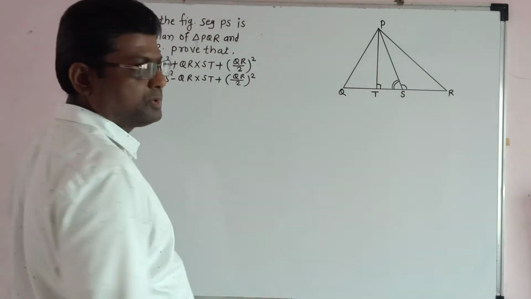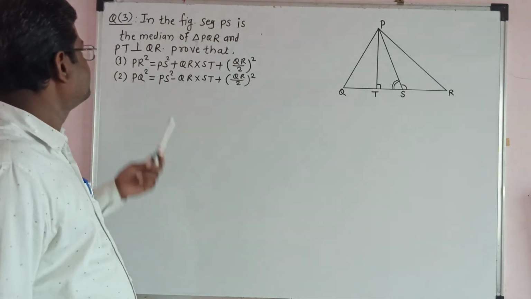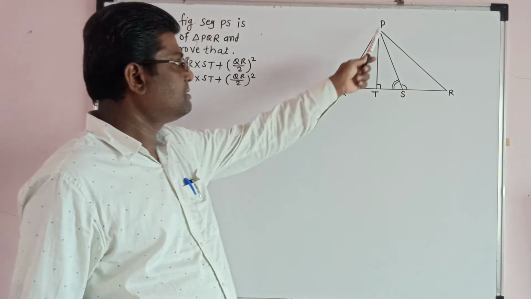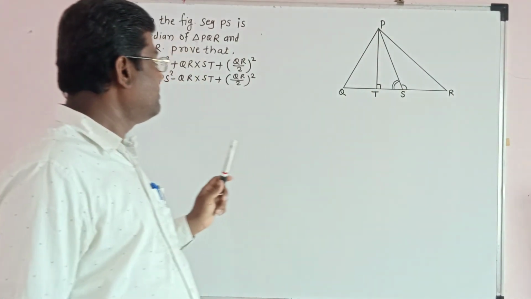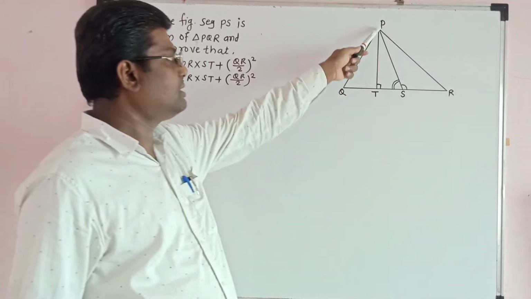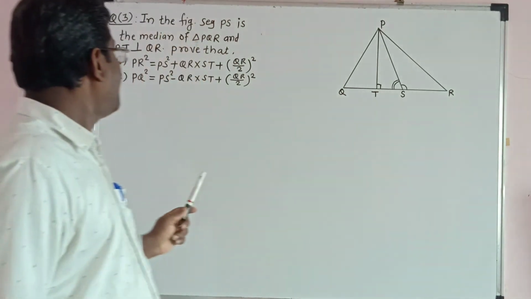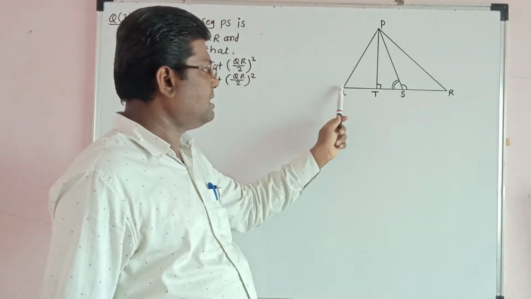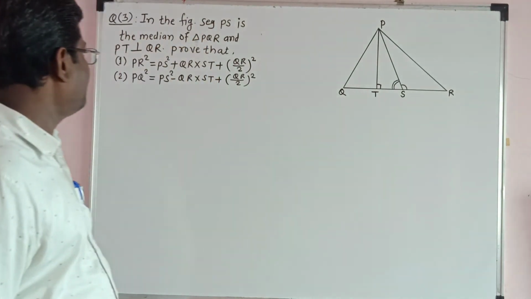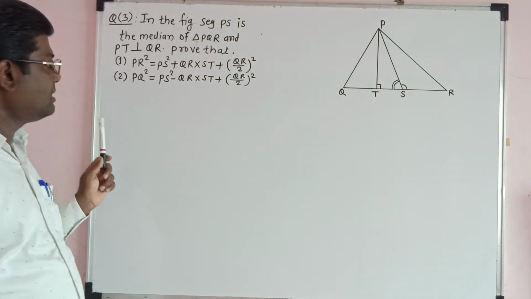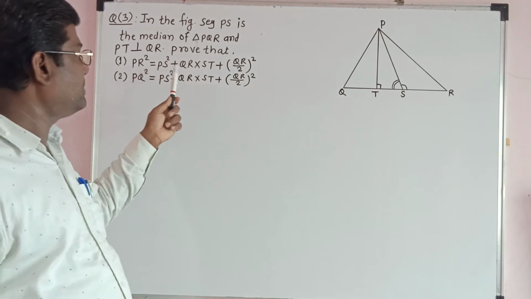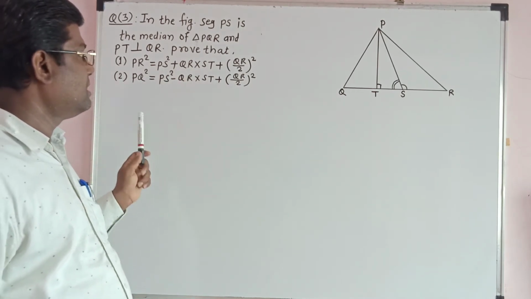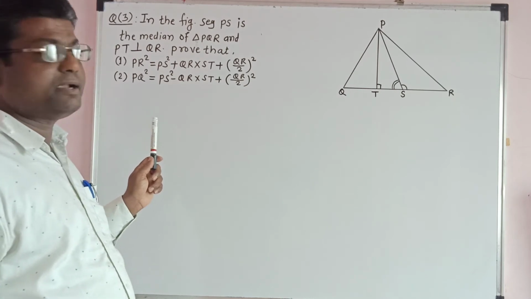units. Question number 3. In the figure, segment PS is a median of triangle PQR and PT perpendicular QR. Then prove that number 1, PR square is equal to PS square plus QR into ST plus QR upon 2 bracket square.